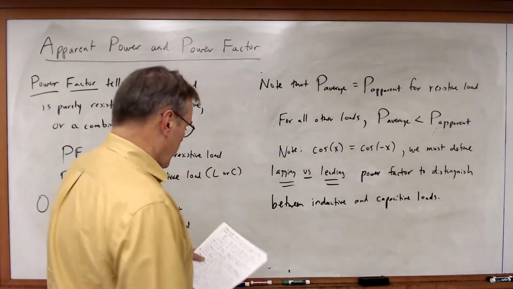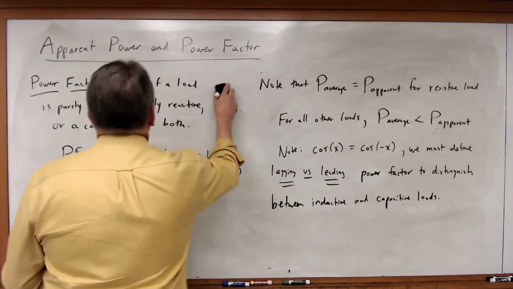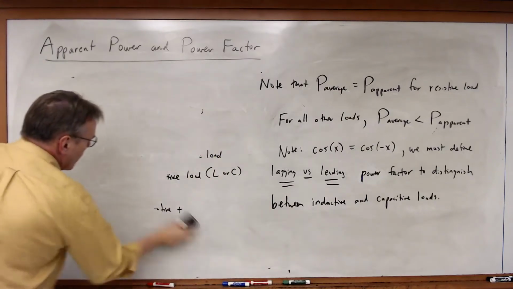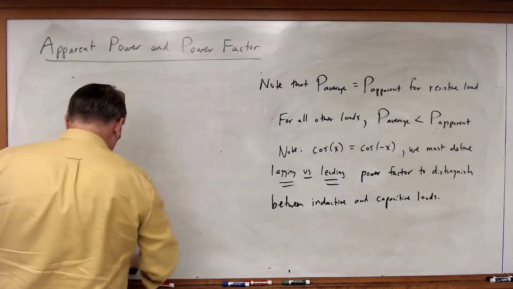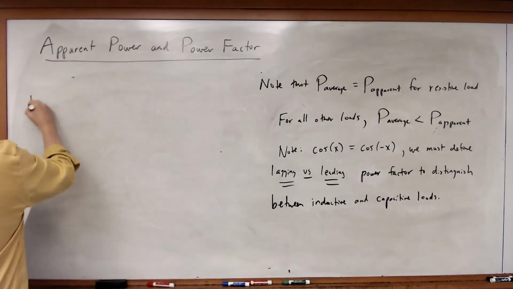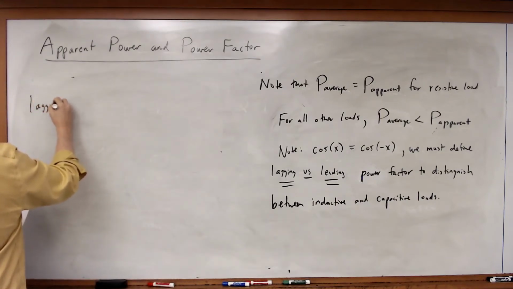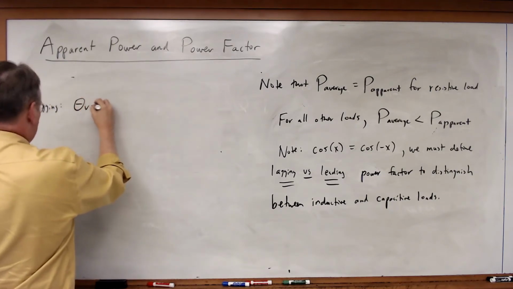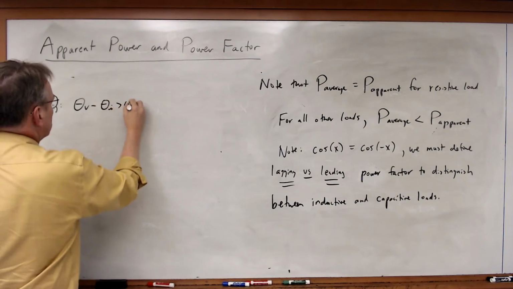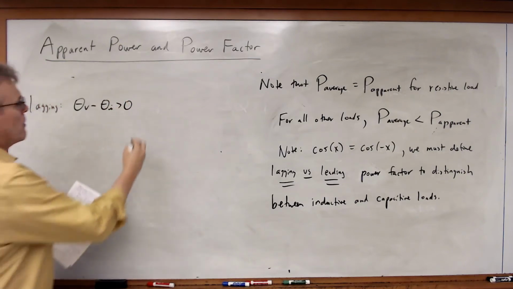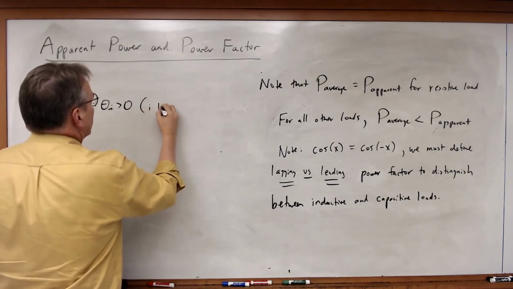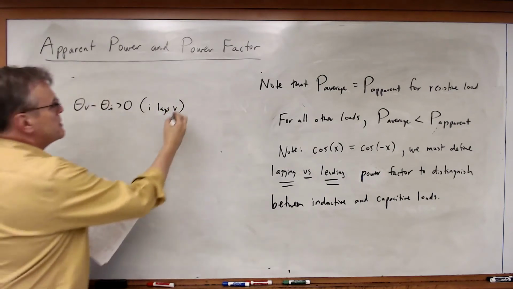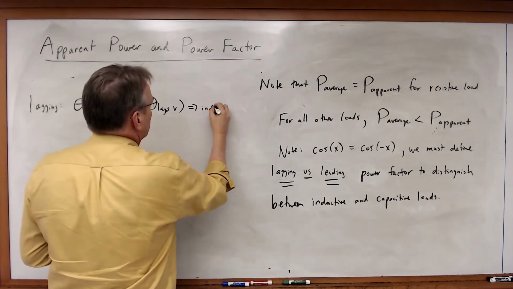So here's how we apply the definition. A lagging power factor occurs when theta sub v minus theta sub I is positive. In other words, the current lags the voltage. And this happens in an inductive load.